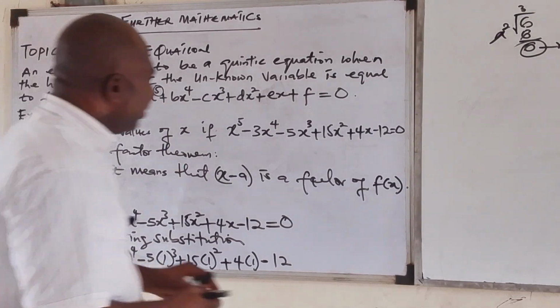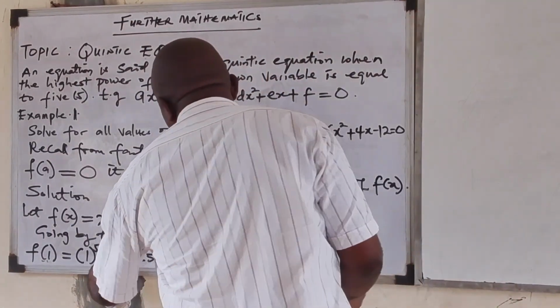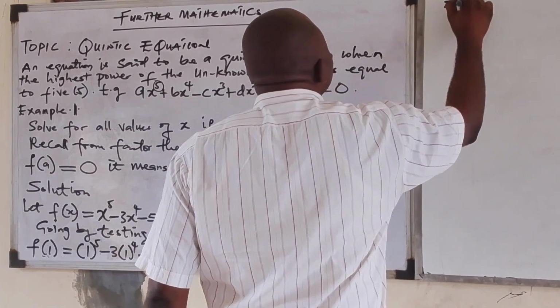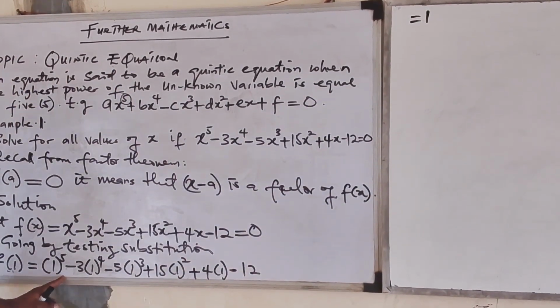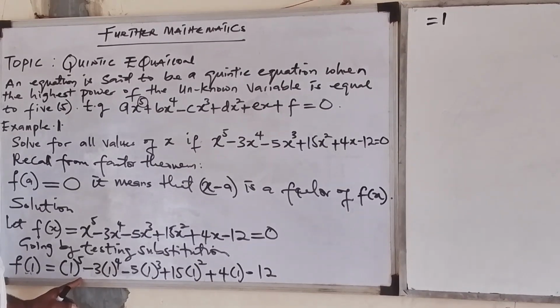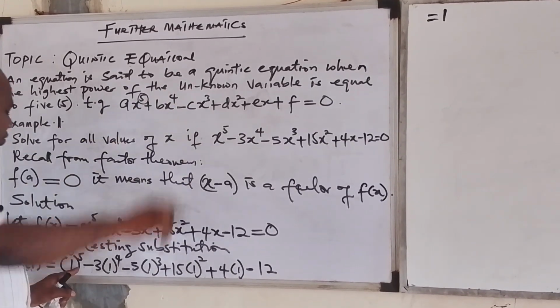Let's see the value of this. Remember, 1 raised to the power of any number will give 1. So 1^5 is equal to 1.